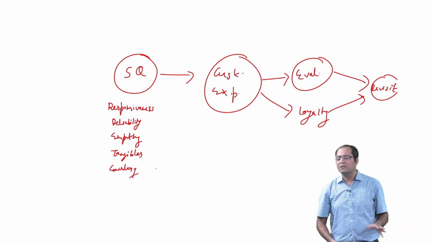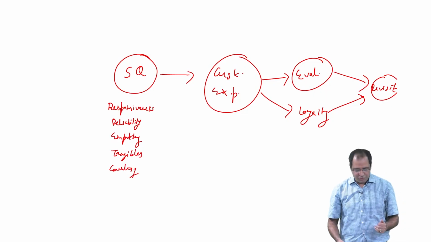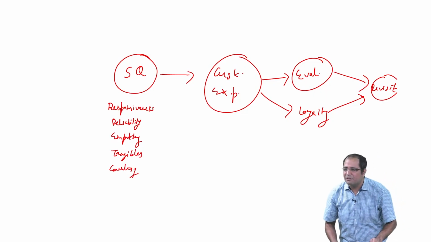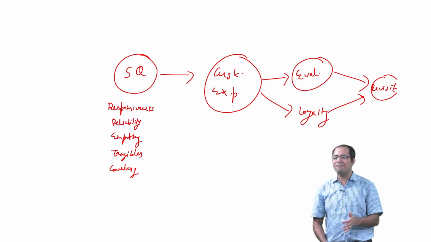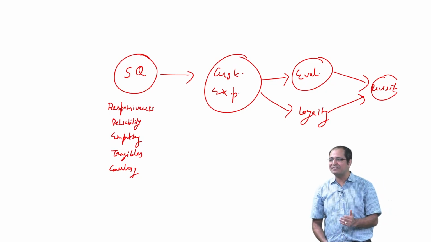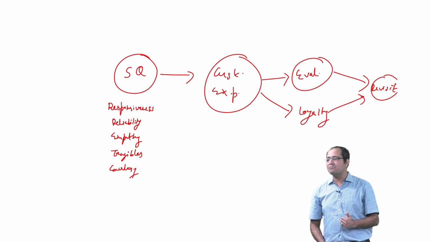Five service quality constituents are there, which means these five service quality constituents impact the customer experience, which impacts their evaluation, positive or negative, and loyalty, which makes them repurchase.